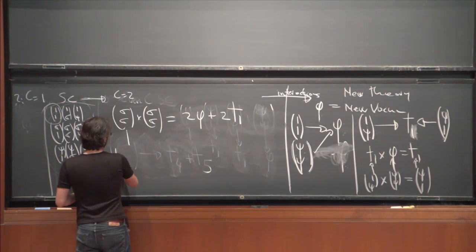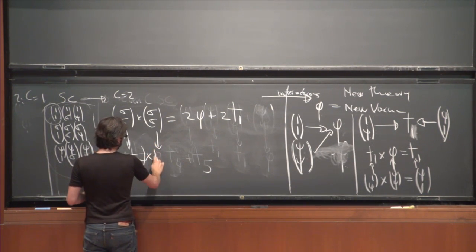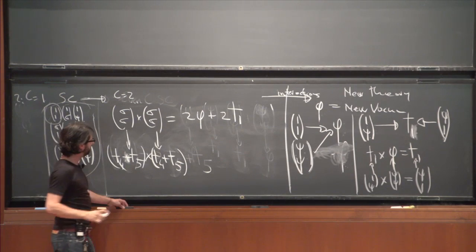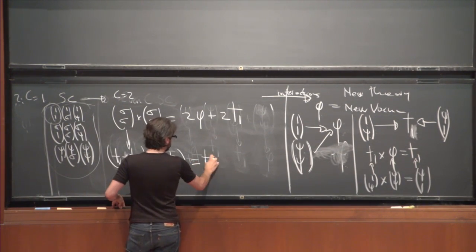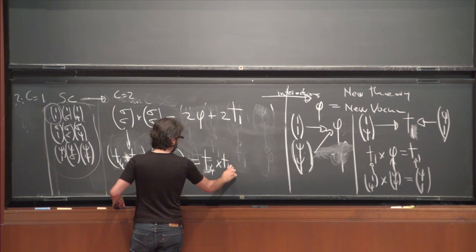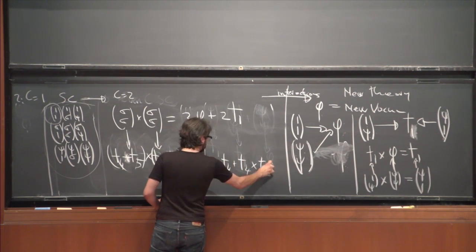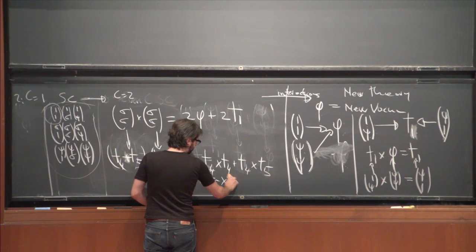Then these two particles, once I fuse them, will give me T4 times T4 plus T4 times T5 plus T5 times T5.